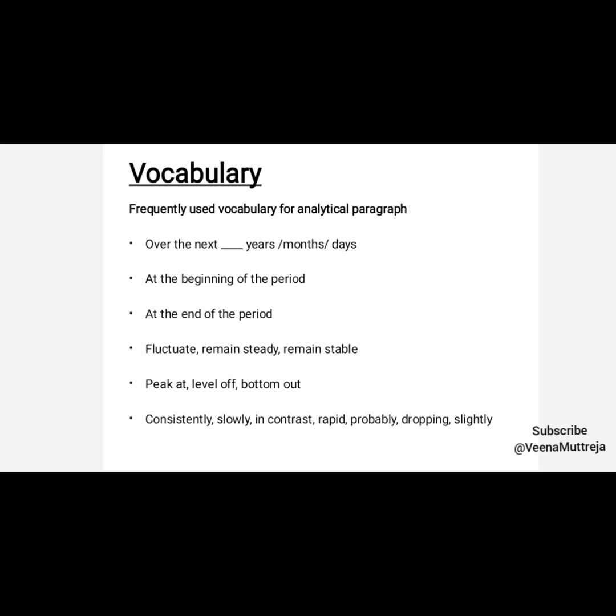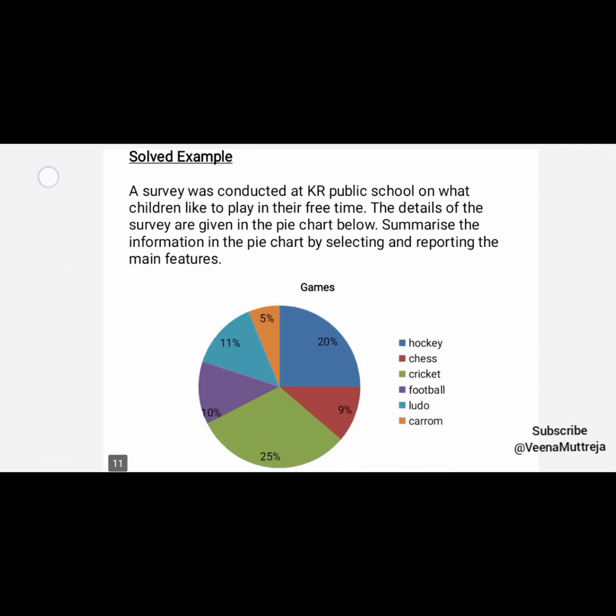Now it's the turn to solve one example. Read the question first. A survey was conducted at KR Public School on what children like to play in their free time. The details of the survey are given in the pie chart below. Summarize the information in the pie chart by selecting and reporting the main features. Here a pie chart is given to you.